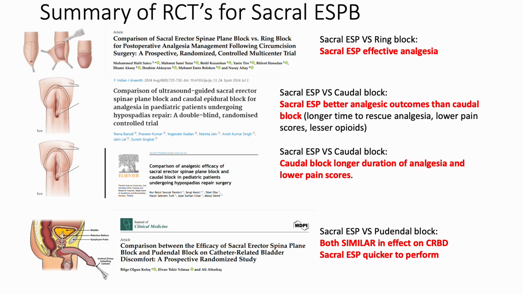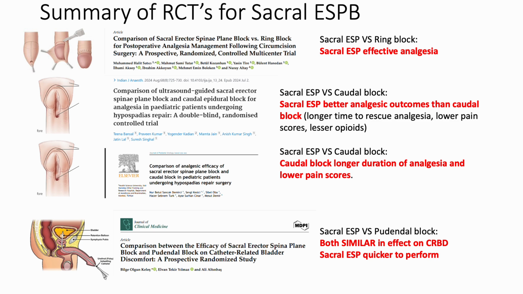This is a summary of all the randomized controlled trials where sacral ESP block was compared with an active control. In pediatric patients, when sacral ESP block was compared with a ring block for circumcision surgery, sacral ESP block provided better and effective analgesia than ring block.